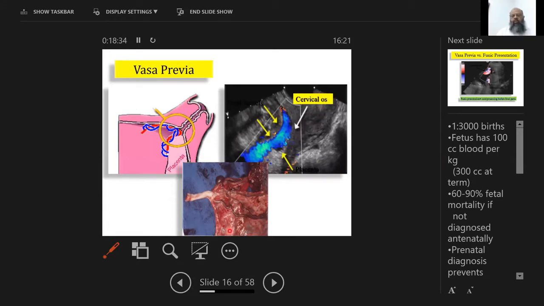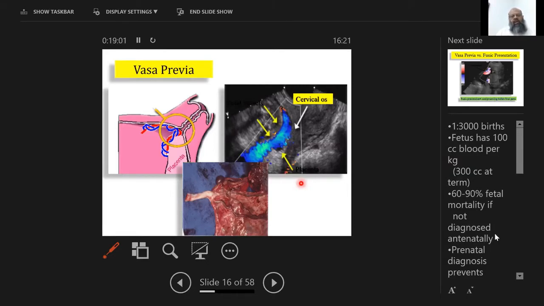So there is a study that, according to the literature, about 1 out of 3,000 births there will be vasa previa. So if we scan a patient at a specific gestational age, the chances of vasa previa, according to the literature, will be 1 out of 3,000.